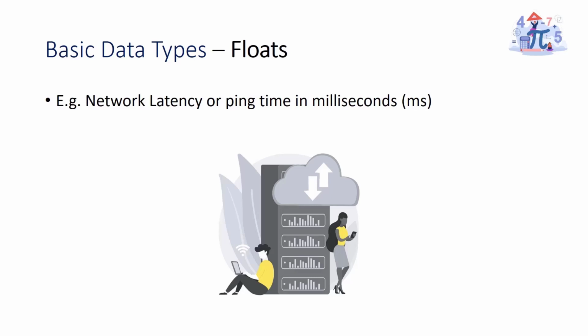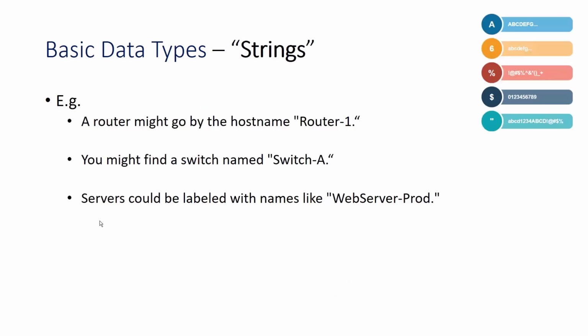For a more distant server, the ping time could be 48.9 milliseconds. Who knows? In some cases, especially on congested networks, you might see even higher values like, let's say, 135.7 milliseconds. These floating point values in milliseconds are used to assess network performance and identify potential issues that network engineers like you need to address.